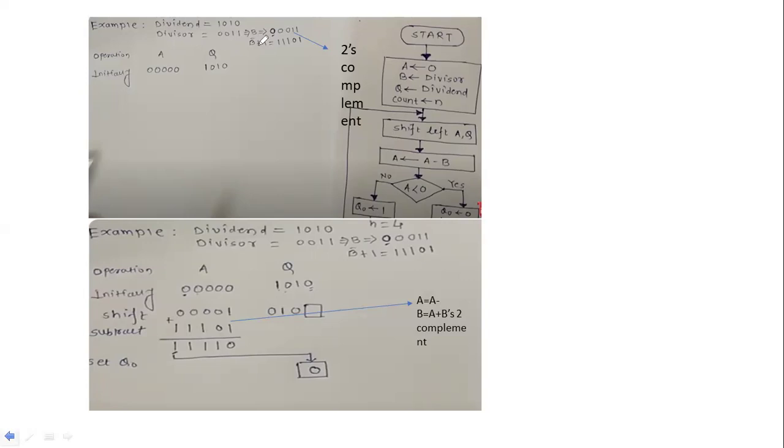So here we have to consider 4 bits of division, and we have to follow the rule of n plus 1 bits. So we have to add an additional 0, so it becomes 00011 here. This is the divisor, the B value.